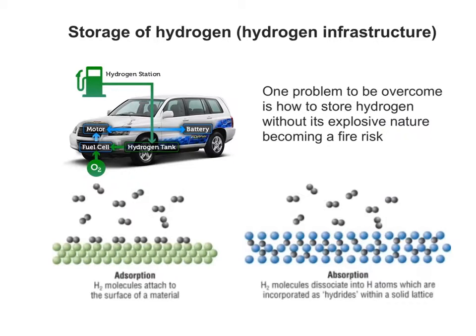So at the moment what we're looking at is different ways of adsorbing hydrogen molecules, either onto the surface of a material or absorbing them within a solid lattice as hydrides. Now this requires either adsorbers or absorbers, indicated by the green or the blue atoms in the simplified diagram at the bottom of the screen.